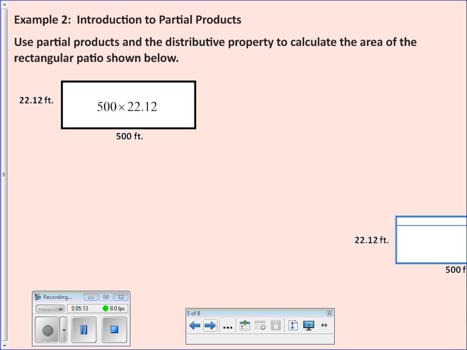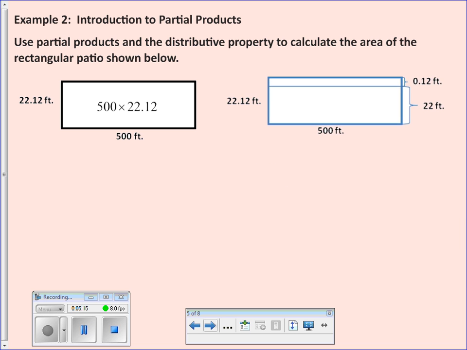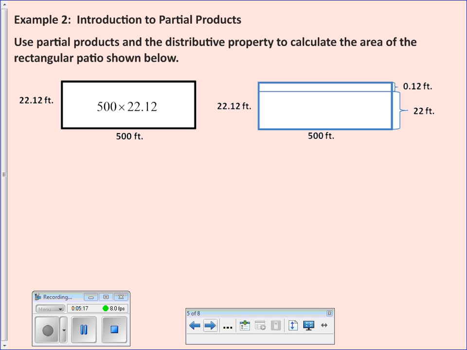So we'll distribute. So redraw the picture in your notes like you see on the board. We cut this into two pieces. So this piece is 22 and the top piece is 0.12. You're drawing this in your notes. They gave you the box, but now you're going to separate it.